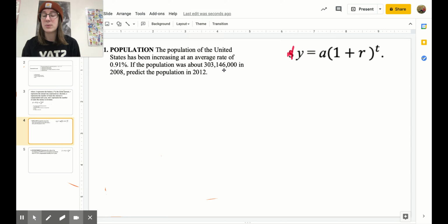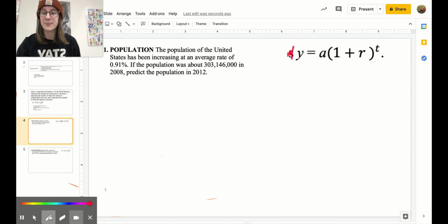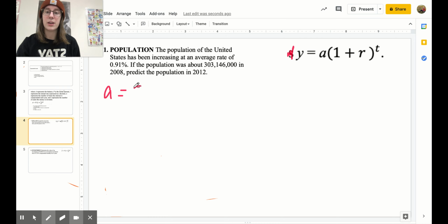If the population was about 303,146,000 in 2008. So we got to pause there. The initial amount, so A, the amount of people started at 303,146,000 people.